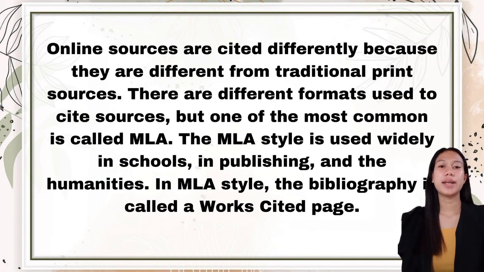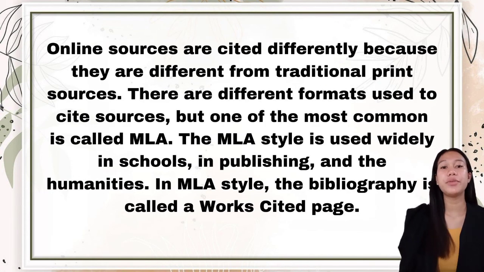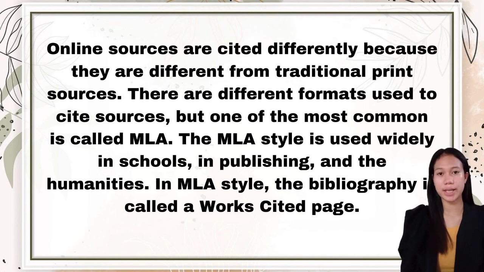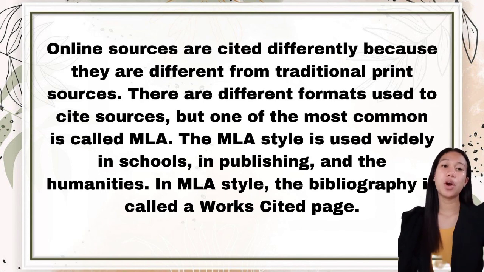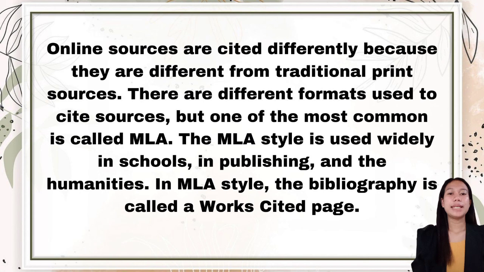Online sources are cited differently because they are different from traditional print sources. There are different formats used to cite sources, but one of the most common is called MLA. The MLA style is used widely in school, in publishing, and the humanities.